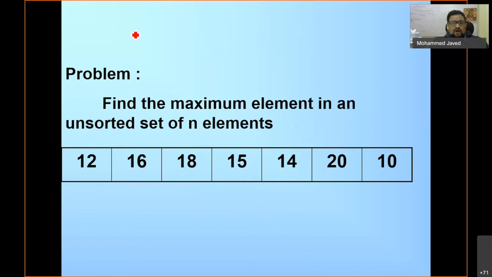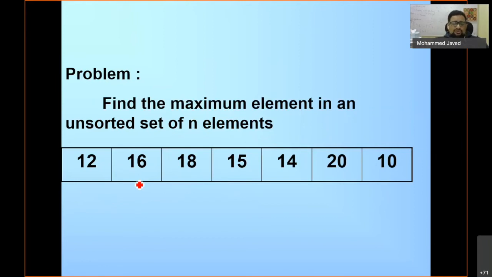Another problem is to find the maximum element in an unsorted set of n elements. You have an array, and now I need to find the maximum. Can you guess the simplest algorithm for finding the maximum element?